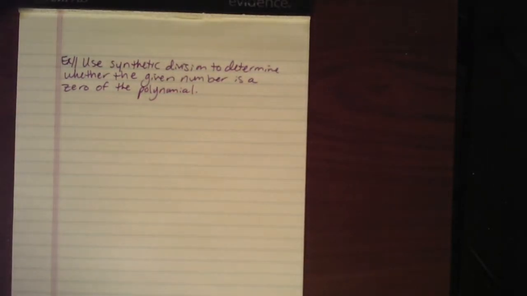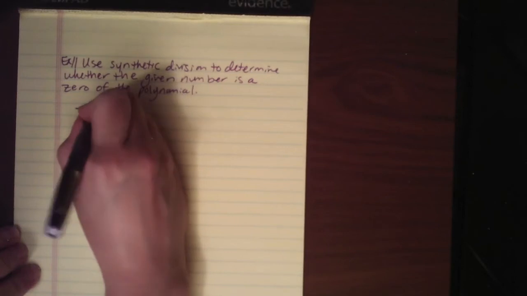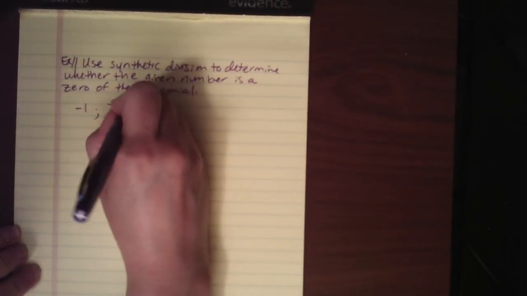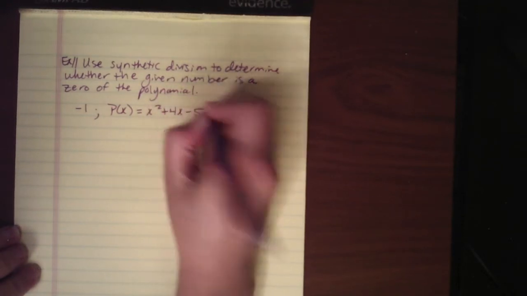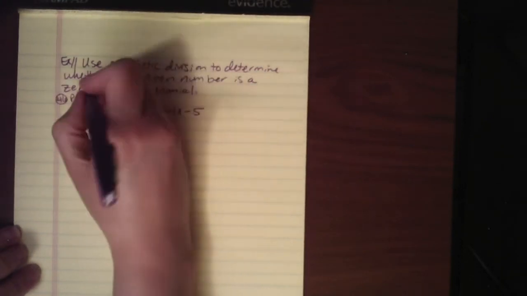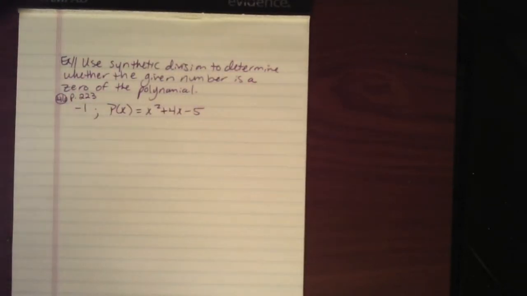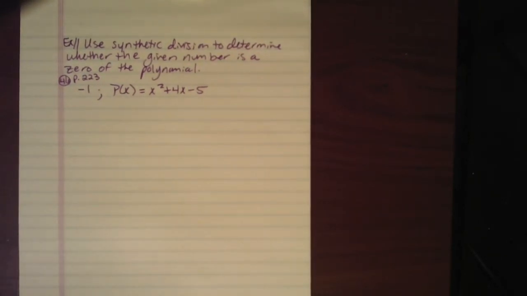In order to be a zero, we would need the value of the polynomial, when we plug in this number, to come out to 0. The number they're asking us to test is -1, and the polynomial is x squared plus 4x minus 5. This is number 46 in your book on page 223. So we're supposed to use synthetic division to determine if this is a 0.